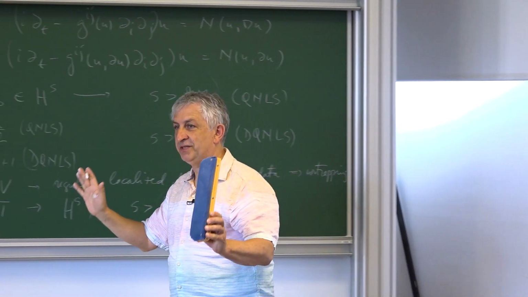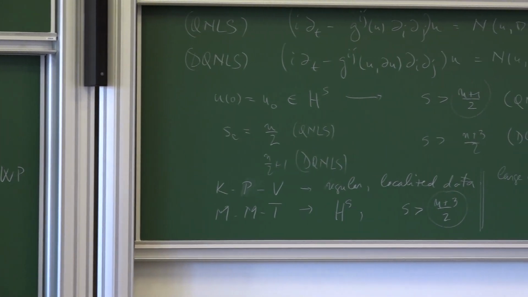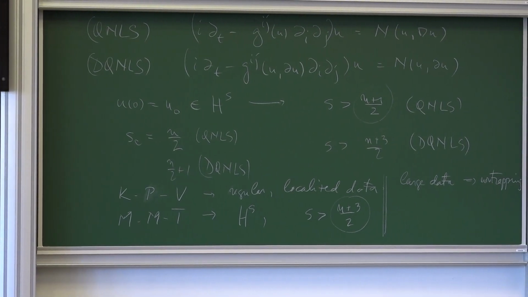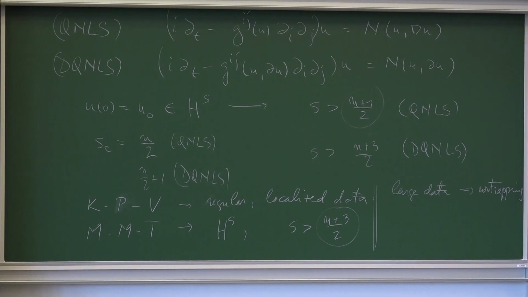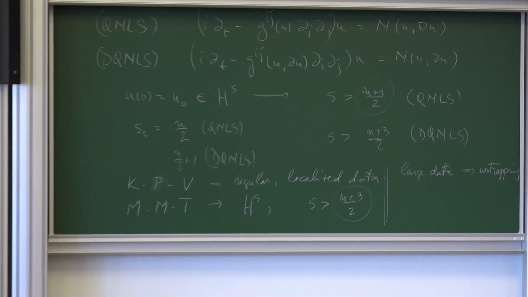This is speculation, right? This is a conjecture, if you want, that going below n plus 1 over 2 is impossible. Going exactly at n plus 1 over 2, that's a borderline problem which we don't have a clear idea how it should go. So could be very hard.